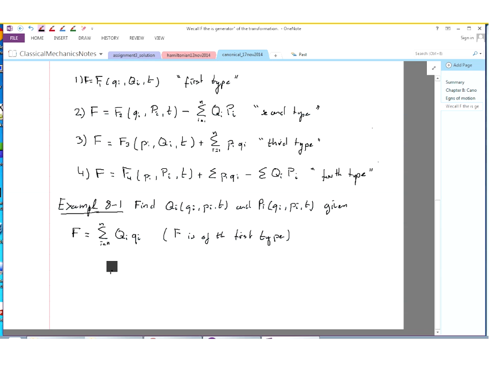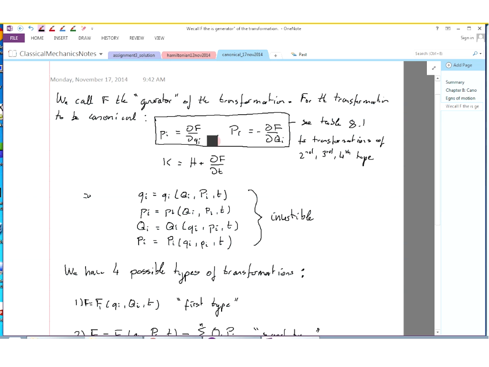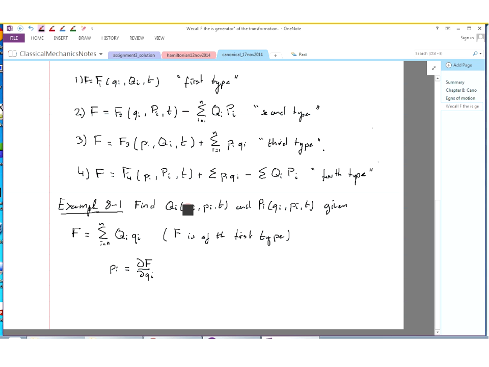So if f is of the first type, then we can write that little pi is given by ∂f/∂qi. Right? That's the transformation we have in the box up here. So what that means, if I take ∂f/∂qi, I select out the capital Qi.